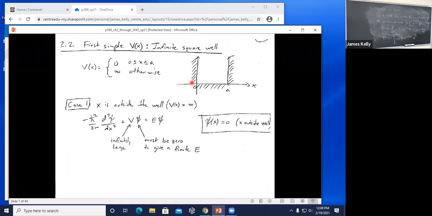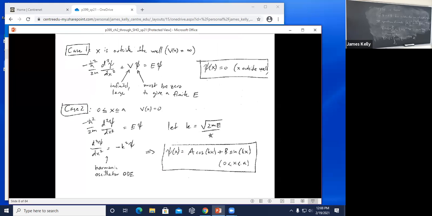One way to convince yourself of this is to think, what if V is just really big over here, say 10,000 joules, and then it goes down to 0 over there? You could convince yourself that the relative amplitude of psi in this region is really small compared to what it's going to be in this region. But in this case, that's an argument that psi has to be 0 everywhere in the region where V goes to infinity. So it's not much of an argument, but psi is 0 there and psi is 0 over there. Okay, that's the first case.